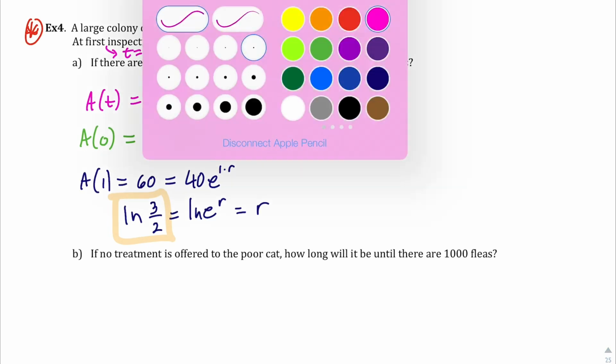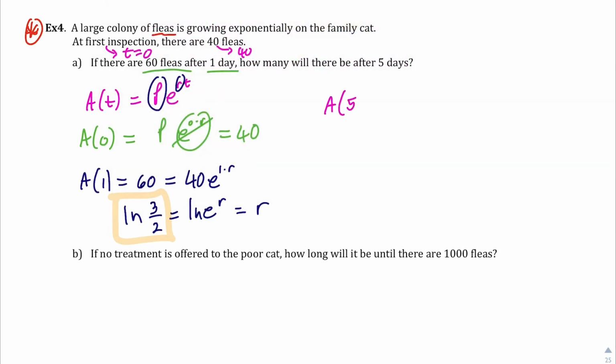Now we can answer the question: how many fleas will there be after 5 days? That's going to be 40 multiplied by e to the power of 5 times ln of 1.5.